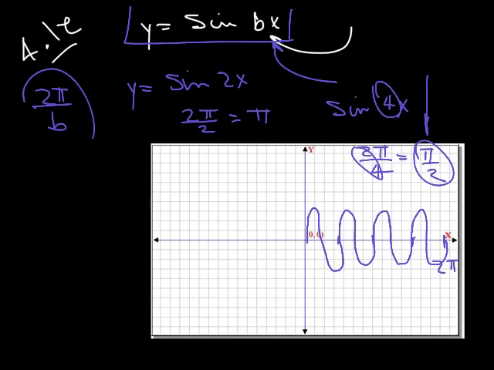So another good formula for you to have in your notes. To find the period of the cosine or the sine, I put in 2 pi over b, and that'll tell me how far it goes along the x-axis before it starts repeating itself.